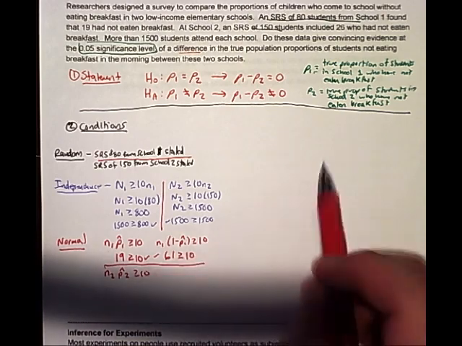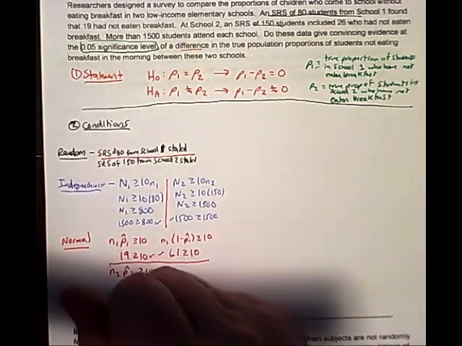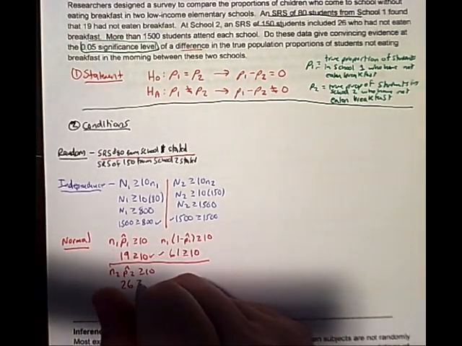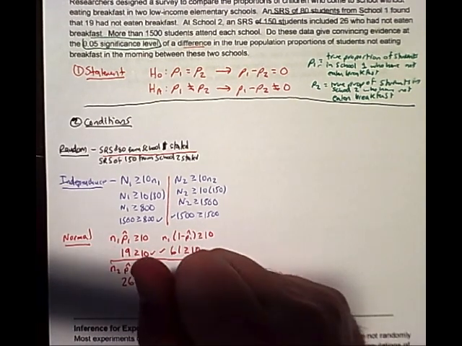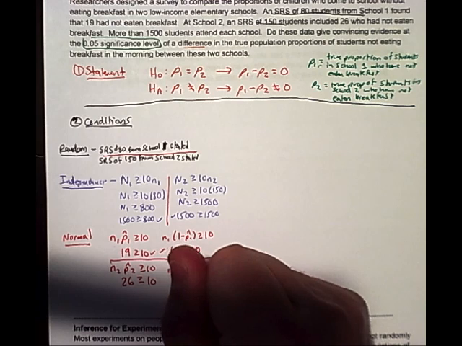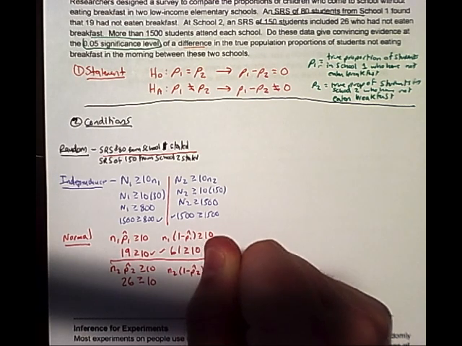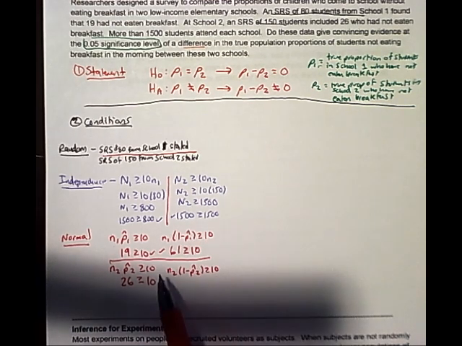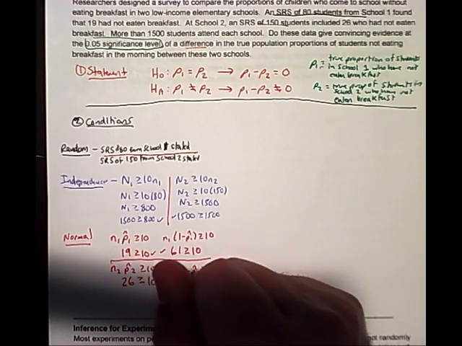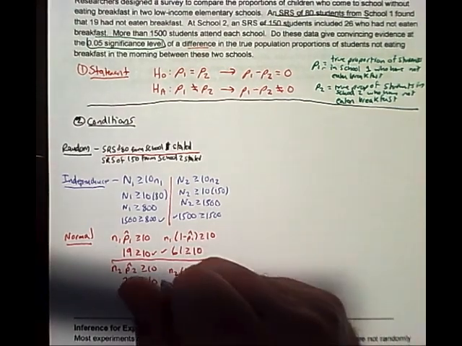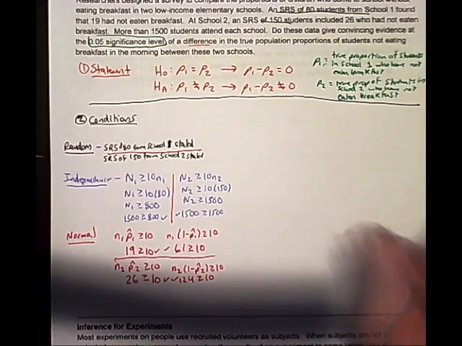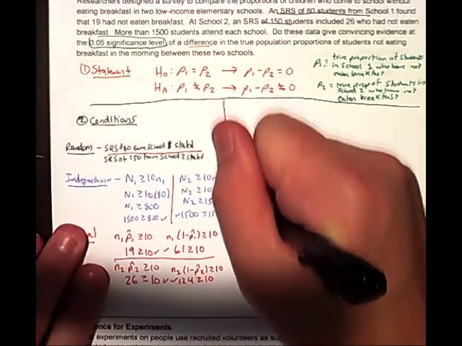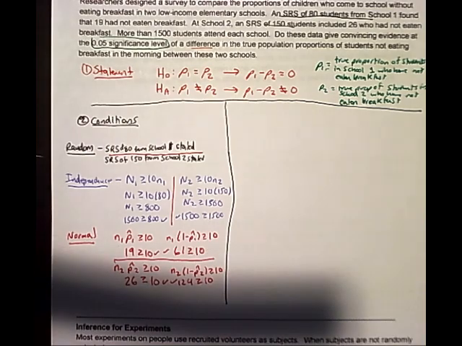They tell us that's going to be 26. 26 is greater than or equal to 10, and n2 times 1 minus p-hat 2 has to be greater than 10. In total, there were 150, so 150 minus 26 will be 124. So both of those are good too. So I've done my condition check. I'm set on that. Now we've got to do calculations.